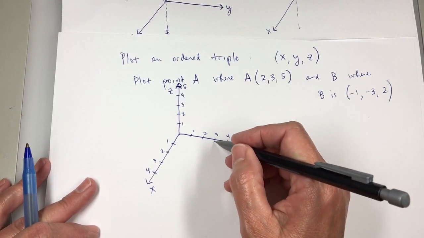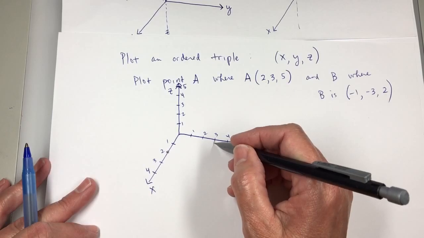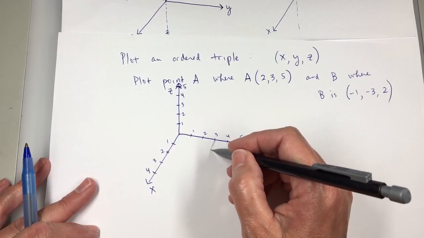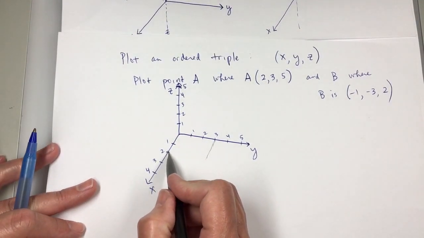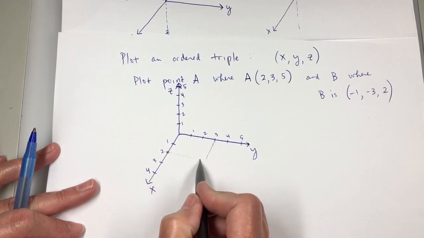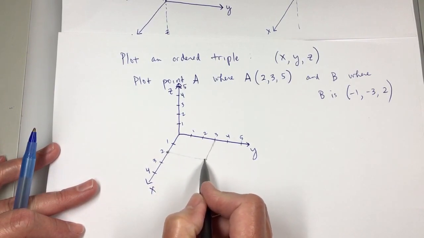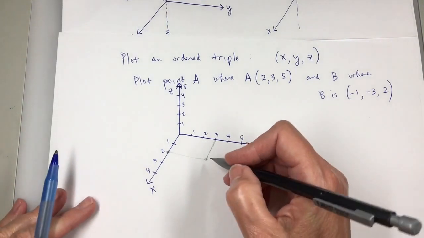But what I want to do, from 3 on y, is sketch in a little line that's parallel to the x-axis. And from this point on the x-axis, the (2, 0, 0), I'm going to sketch in a line that's parallel to the y-axis. What's that point? (2, 3, 0), because I haven't done z at this point.